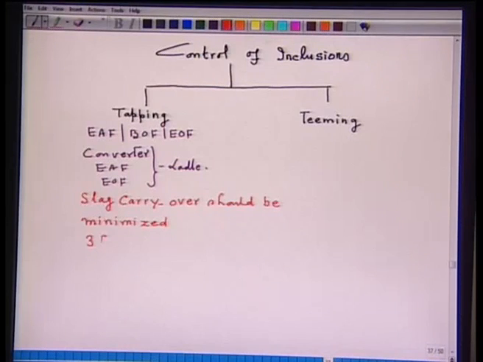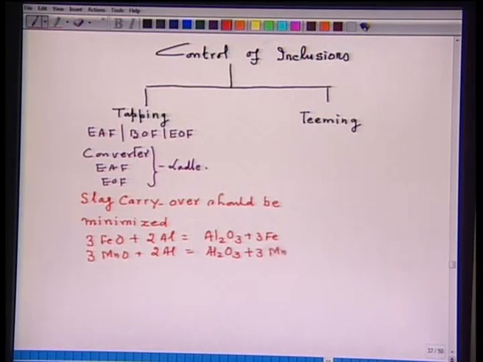Say for example, if I take the reaction 3FeO plus 2Al, that will give you Al2O3 plus 3Fe, or for that matter 3MnO plus 2Al equals Al2O3 plus 3Mn. Now, in fact, the presence of FeO is more important because FeO is of the order of 16 to 20%. So, this reaction is more important.